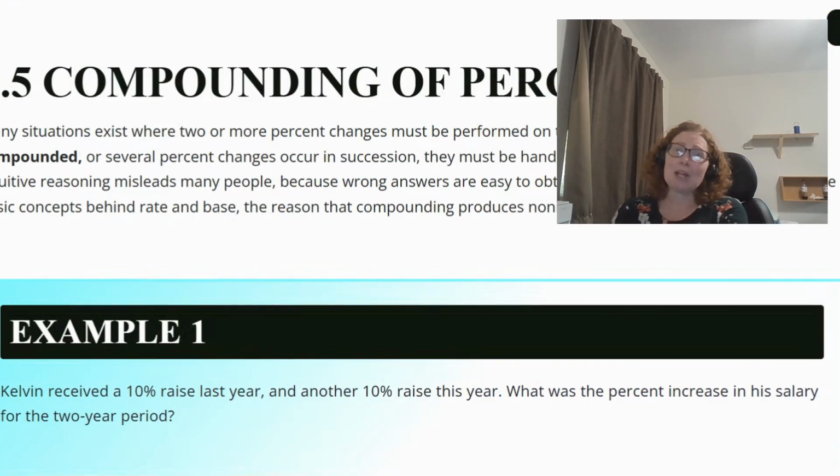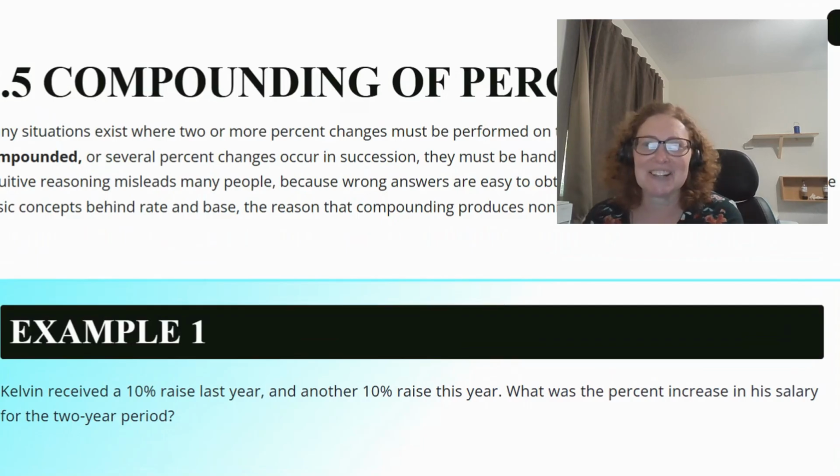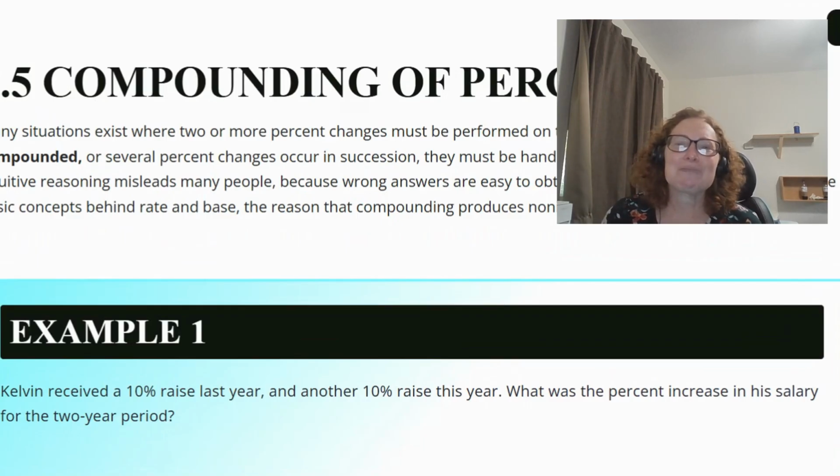Okay, so 2.5, compounding of percents. This is not fun, but we're going to get this because once you think about it, it makes sense and it makes it easier. We're looking at the compounding of percents, or percent changes occurring over time.